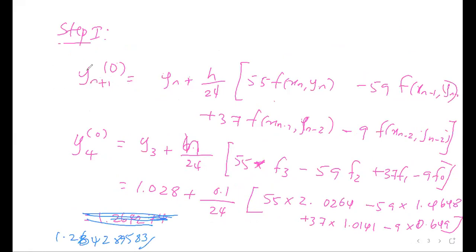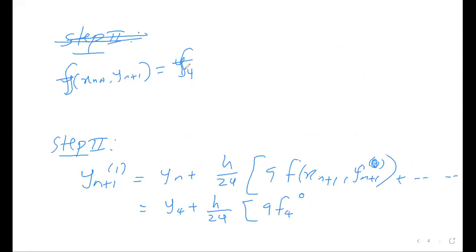So how do I abbreviate this one with respect to xn plus 1? Since that is a function of xn plus 1 times yn plus 1 of 0, I can abbreviate this entire f of xn plus 1, yn plus 1 as f of 4. If the 0 is involved, I can write it as 0.